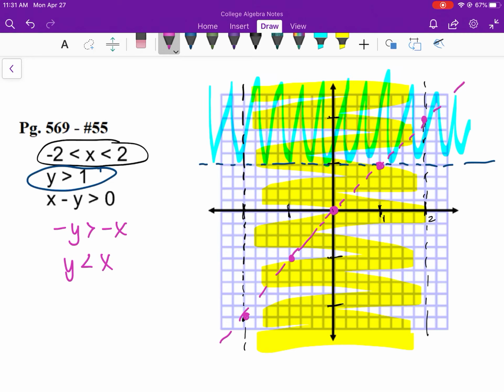And I need a test point above or below that line so I can tell where to shade. I can't pick (0, 0) because that's on my line. So I'm going to pick this ordered pair right here, which is (2, 0).